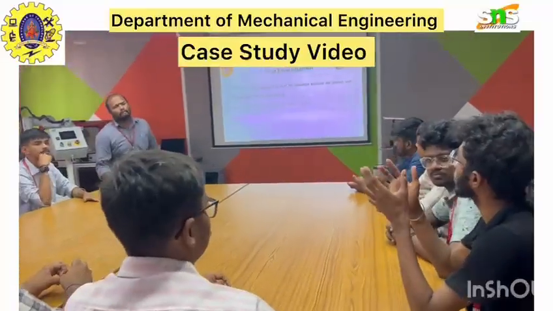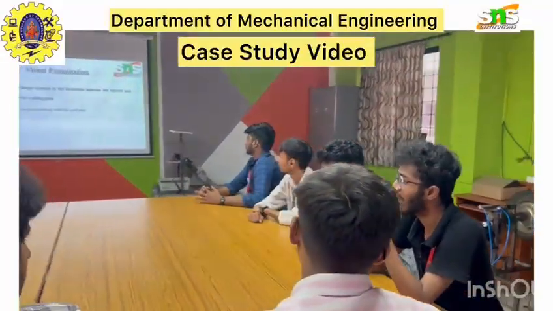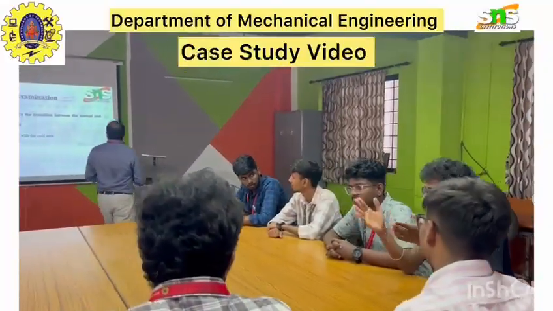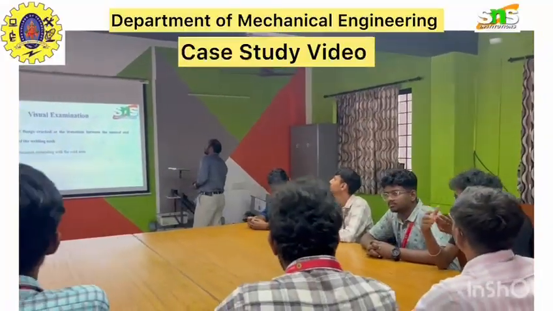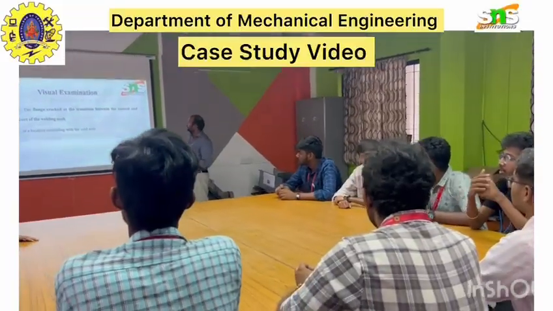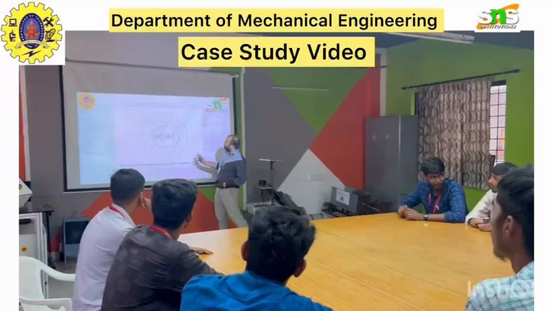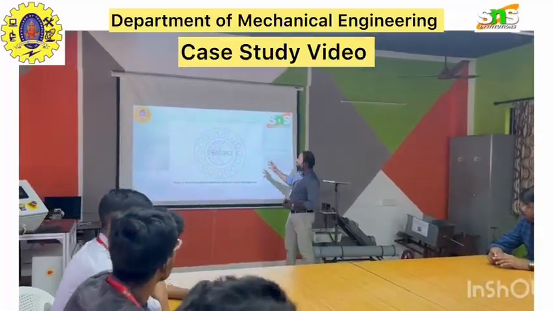Coming to the visual inspection, in the first figure we can see that the flange cracked in the transition between the conical and the cylindrical part of the weld flange. Next. This looks like a small flange.